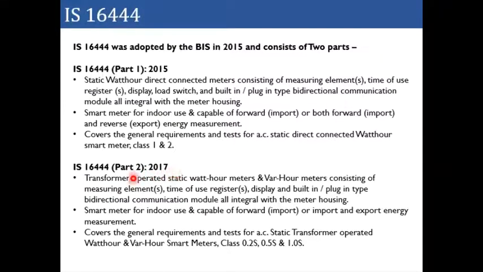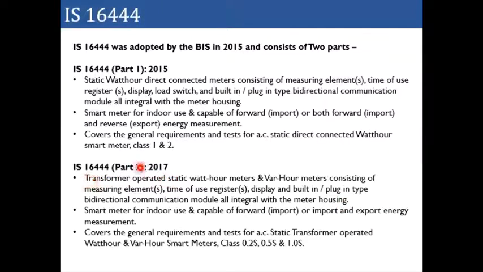Now let's talk about the second part of the standard, that is IS 16444 Part 2, that was released in 2017. In this standard, the smart meters are transformer operated static watt hour meters or var hour meters consisting of measuring elements, time of use register, display and built-in plug-in type of bidirectional communication module, all integral with the meter housing.